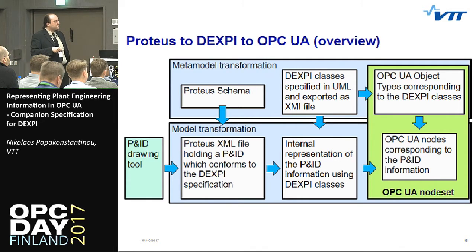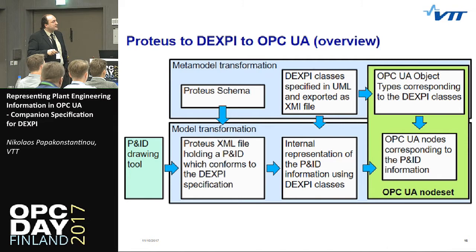Then this is converted into the pure DEXPI classes that follow the UML meta model of the DEXPI. And then our tool can generate the node set that corresponds to the items in the P&ID diagram.